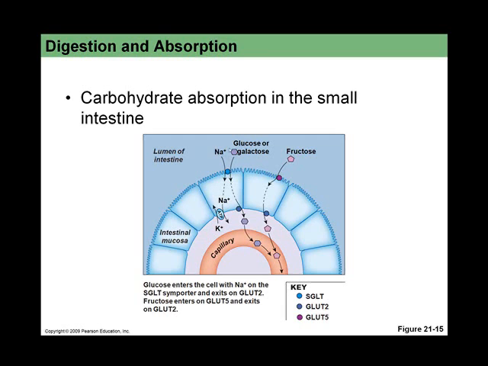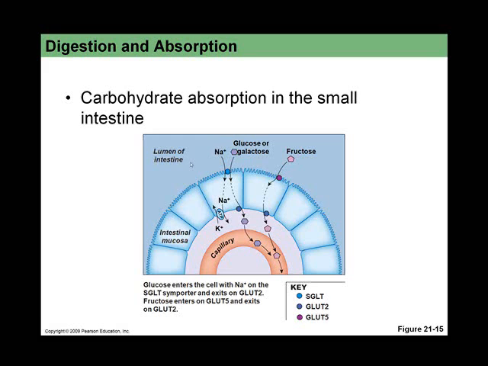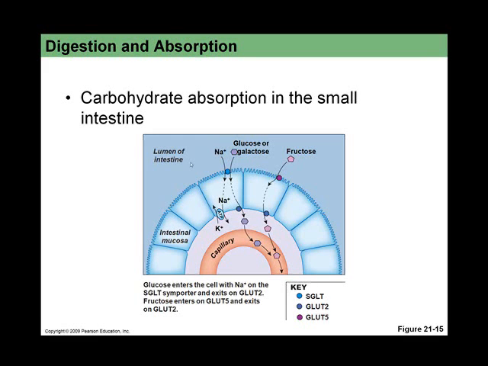So remember, every time we saw sodium being pumped out into the lumen of either the pancreatic duct or the stomach or the duodenum, it's important for the ionic content of the digestive milieu of the lumen, chyme coming in, and then the other terms that apply to it until finally it's feces.